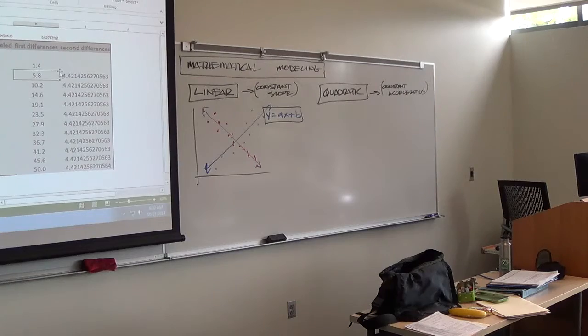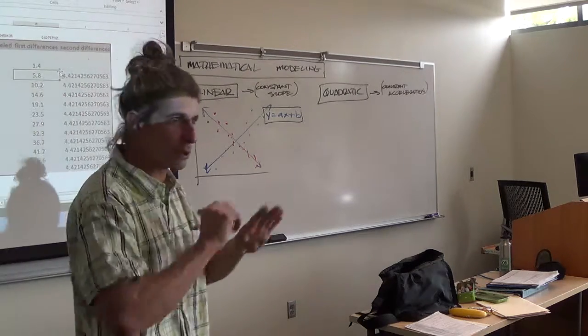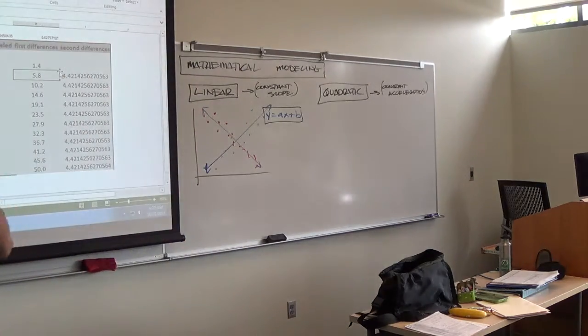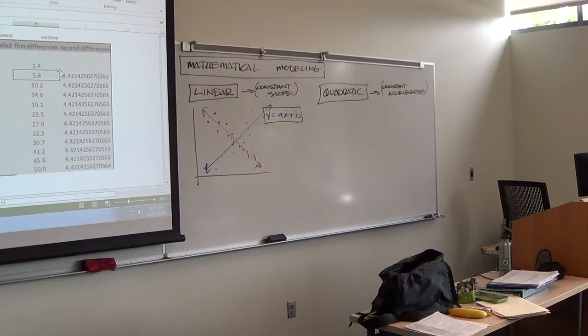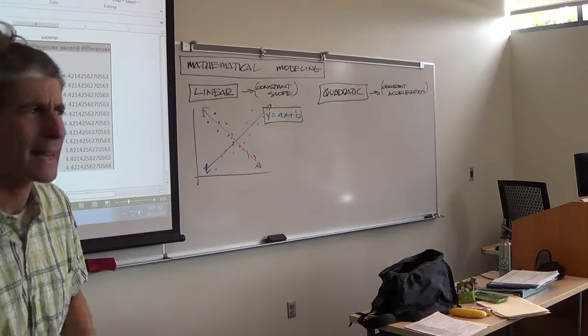So y value over an x value. What acceleration generally is, it's a y value over an x value squared. It's the rate of change of the rate of change. Now you'll see why you need to think about it that way as we go through the next couple days together. It's kind of a heady concept.